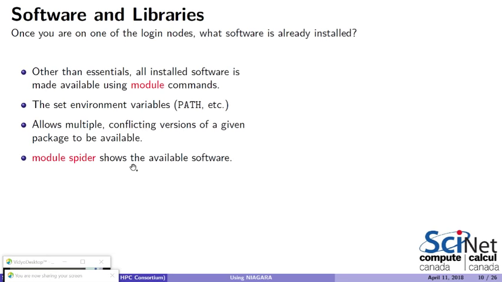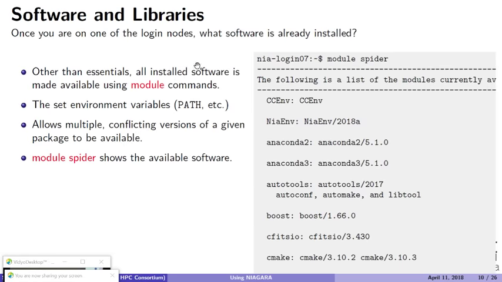Now, if you want to know what's available, you have to use the command module spider. We're using a flavor of the module system called lmod, the same one that they used on Graham and Cedar, and spider is its command to show you what's available. So if you are logged in to Niagara, so you did ssh niagara.computecanada.ca or niagara.scinet.utoronto.ca, and you have your prompt, say you landed on login07, and you typed in module spider, you would see something like this.